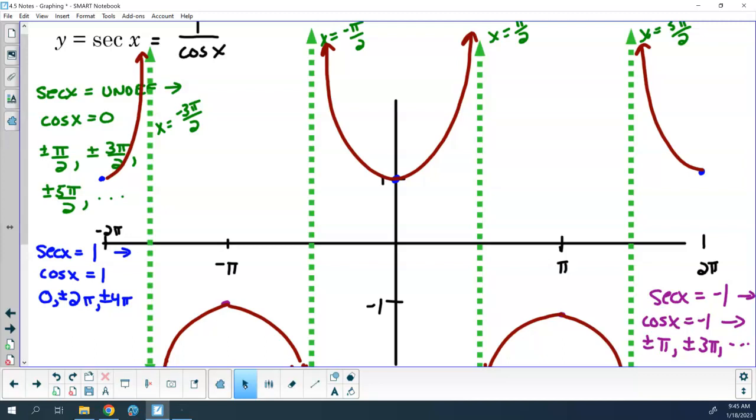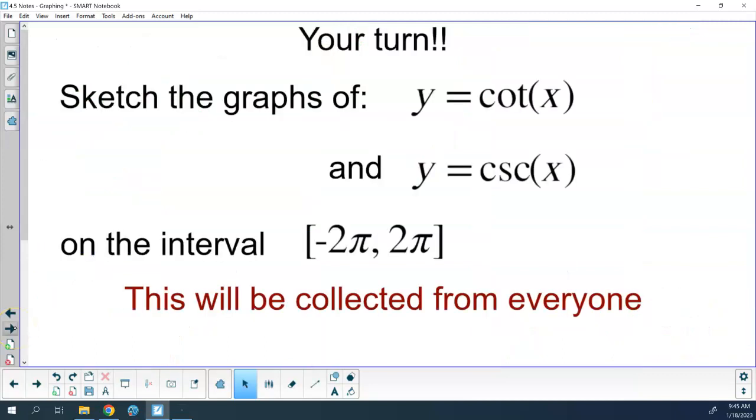And again, we would ask you to graph from -2 pi. Good stuff. Now, as we alluded to earlier, your turn now.